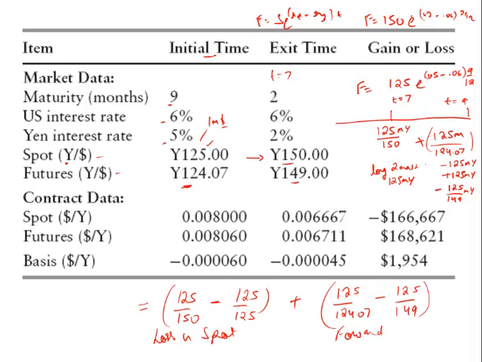So please do the calculation and please verify that in dollar terms, what is our total profit or loss, if any at all. Objective was that this should be 0. That is, the loss in the spot should be fully made up for by the gain in the forward.